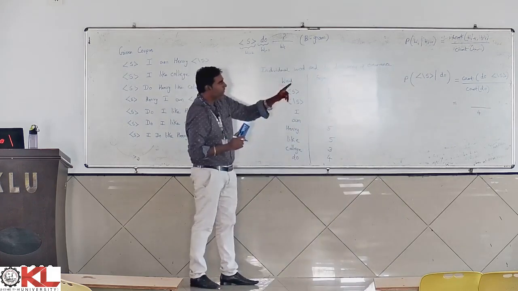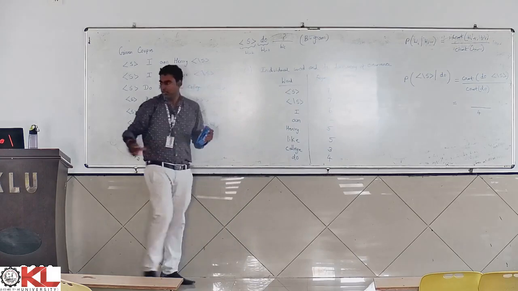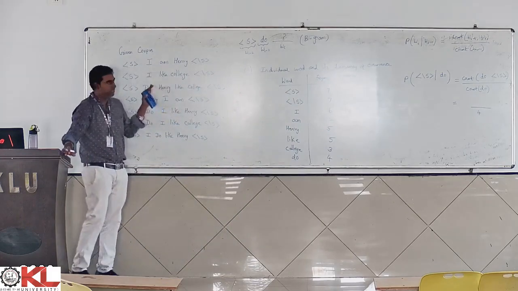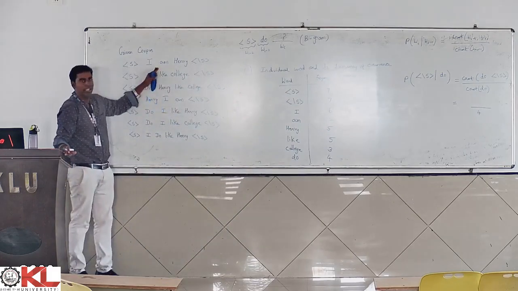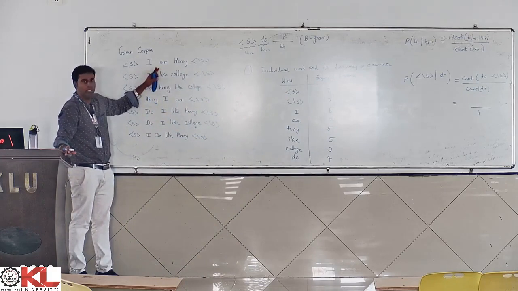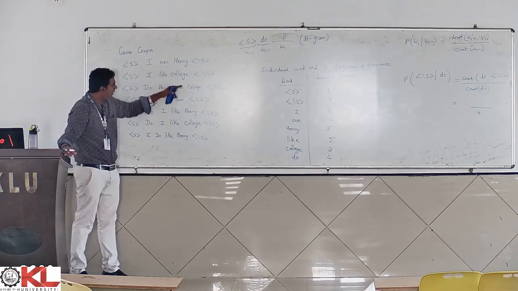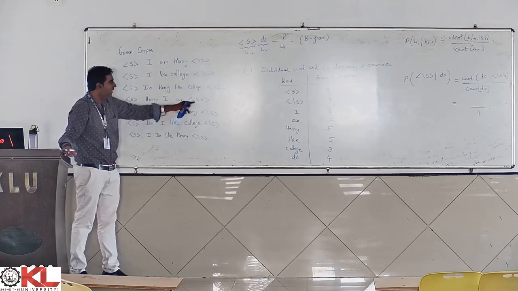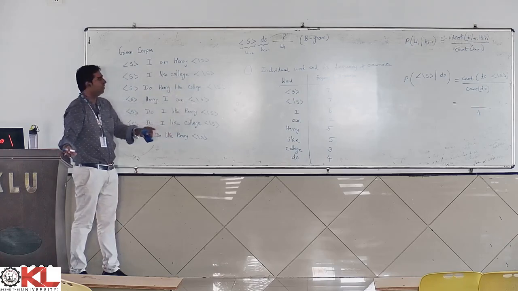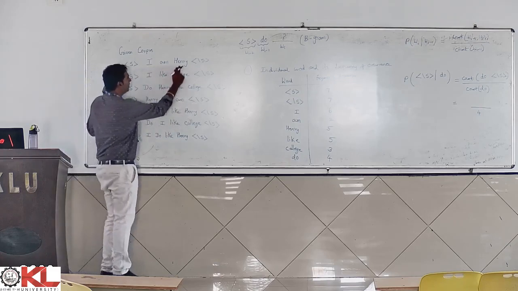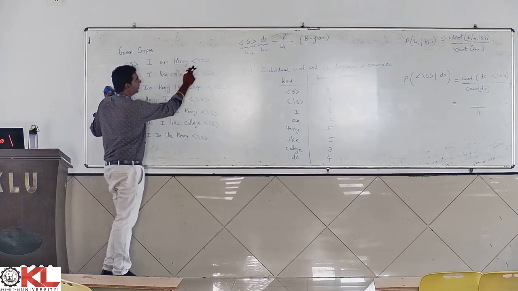So what about the numerator value? Now I am coming back to the given corpus, and I am finding how many times the end of sentence comes after the word do. I am checking the first sentence: after do there is no end of sentence, leave it.